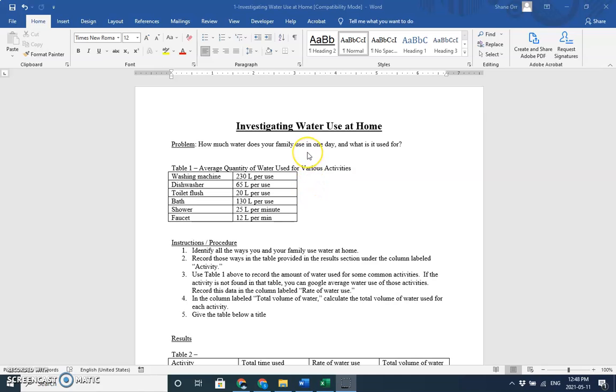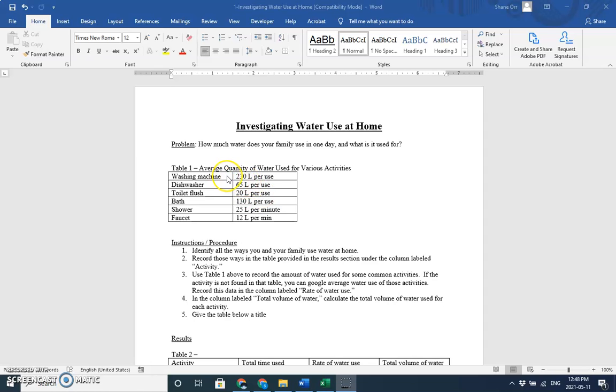Essentially what this assignment is having you do is investigate how much water you really use as a family in your house in one day. And so that's the problem that we're investigating here. And this table right here is to give you a little bit of an idea of some activities that happen in the home and their use of water given the units that are listed here.